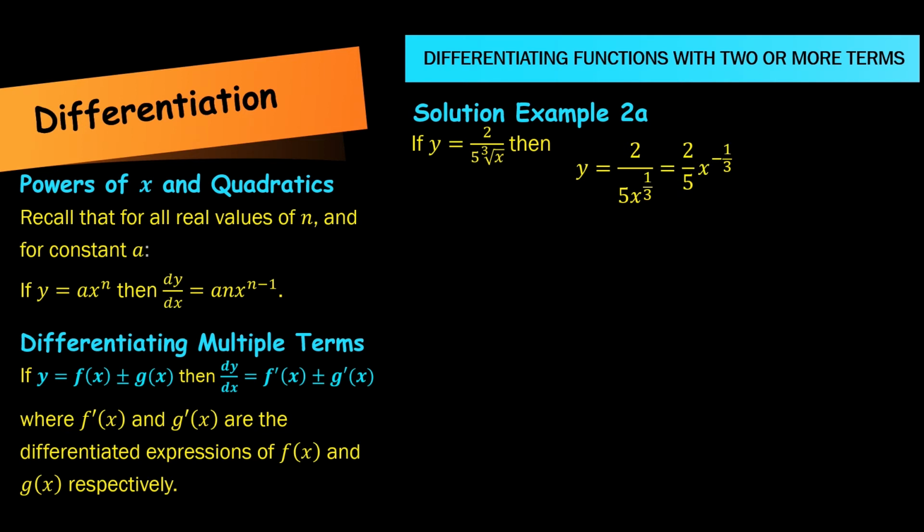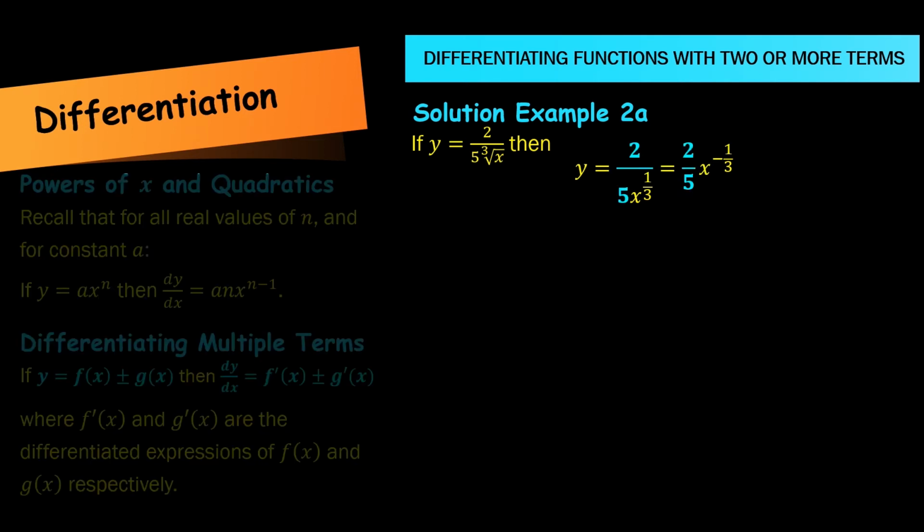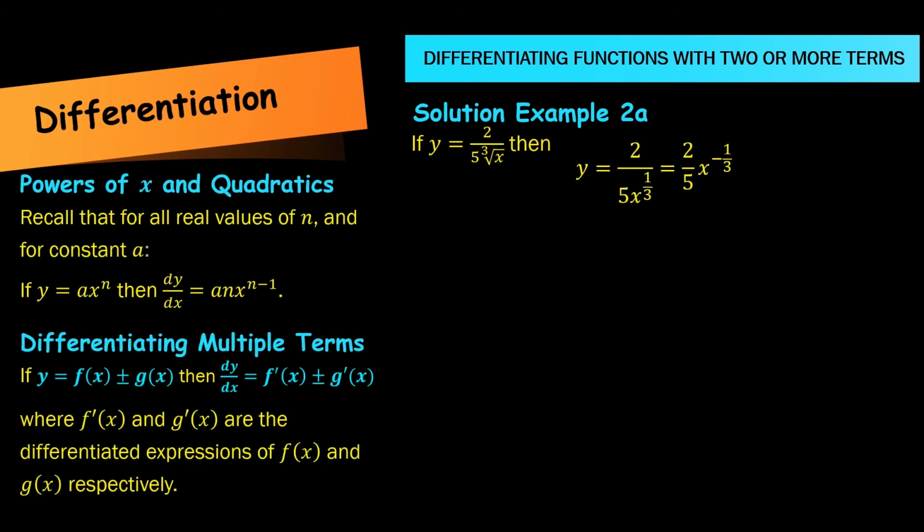So this is 2/5 times x to the power minus 1/3. Now this is in a form a constant times x to the power a constant, so we can work with this and we can differentiate.